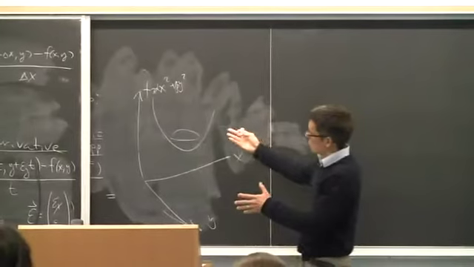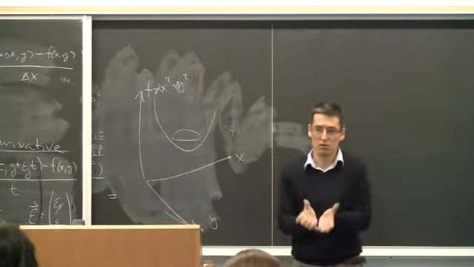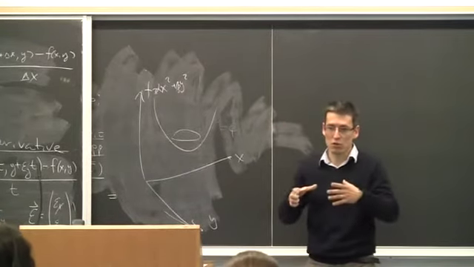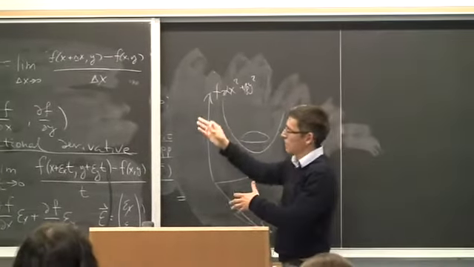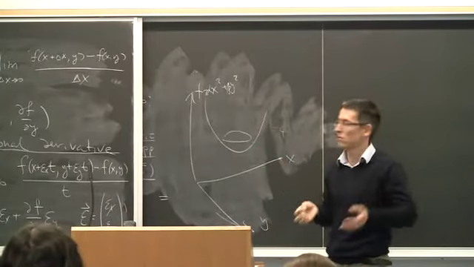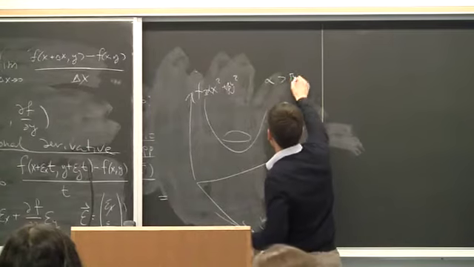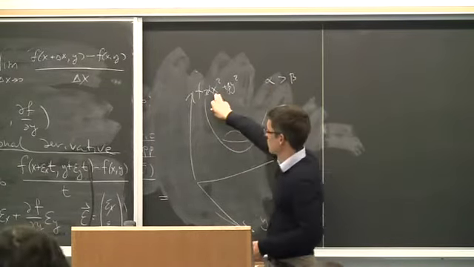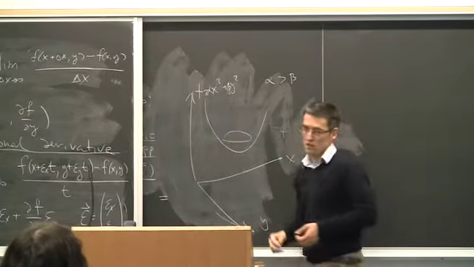Since the coefficients alpha and beta are different, it's squeezed. If you cut it horizontally, it's not going to be a circle, it's going to be an ellipse, because the function f grows faster if you increase x than if you increase y. For alpha larger than beta, the function grows faster when you increase x by one step than when you increase y.